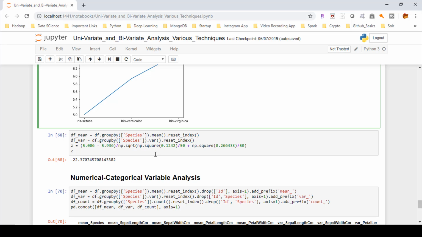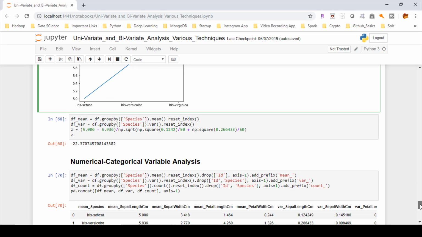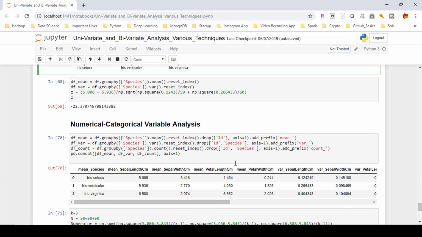One thing to note is that the number of observations in both categories, setosa and versicolor, is 50, which is greater than 30. Therefore we are calculating the z test statistic here.